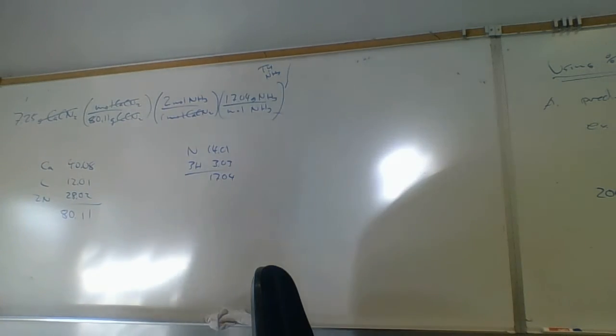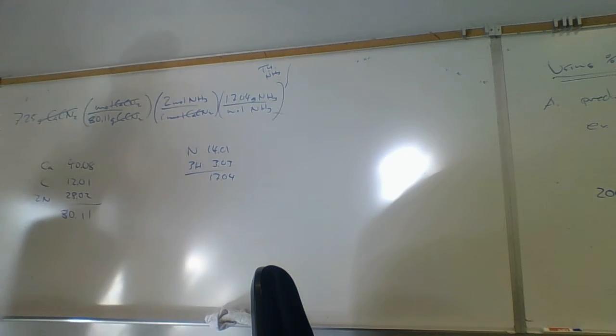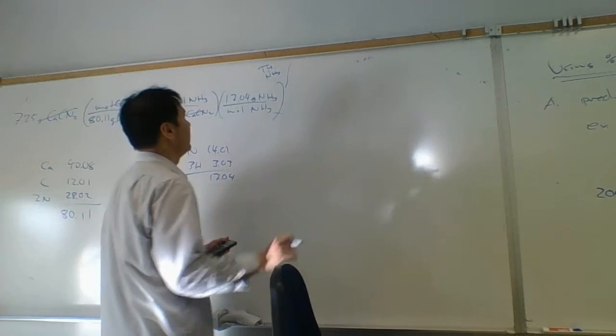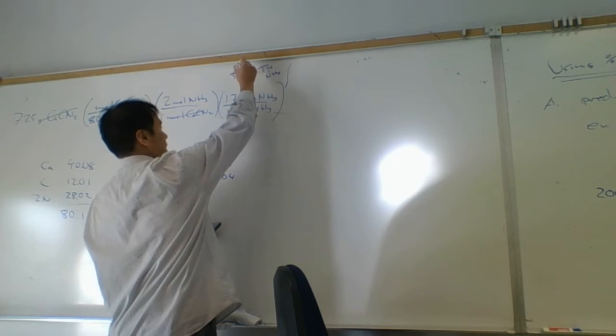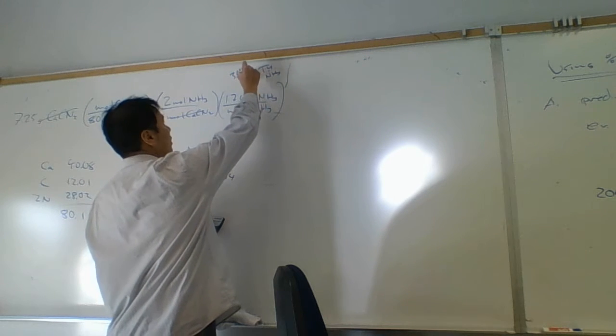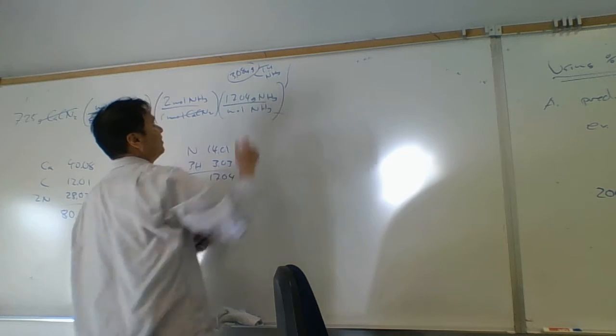If we stop here, what is our theoretical yield? 7.25 divided by 80.11 times 2 times 17.04. 3.08. And so the theoretical yield is going to be 3.084 grams of ammonia.